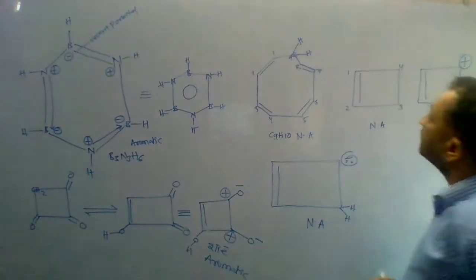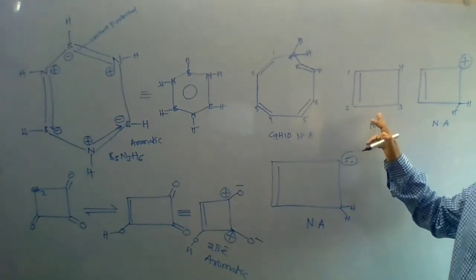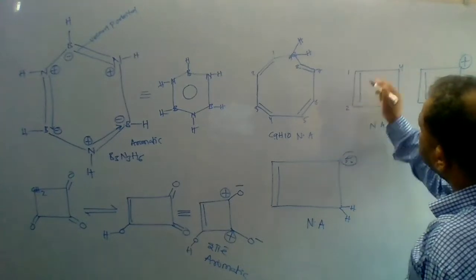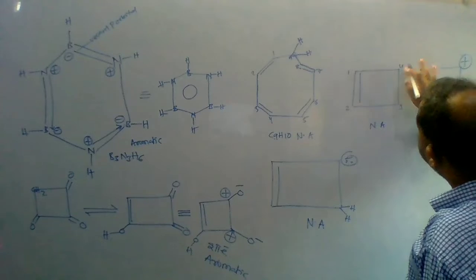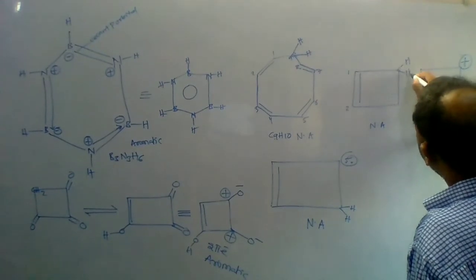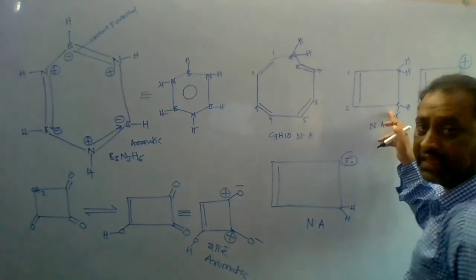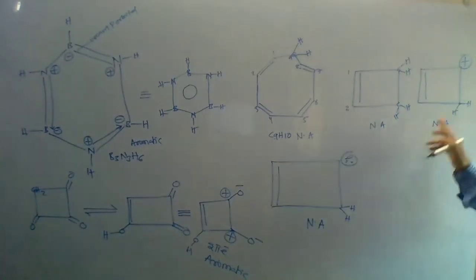Next example is cyclobutene. Here 2 pi electrons are there, but 2 carbons are sp3 hybridized carbons. It has a non-planar structure, so it is a non-aromatic compound.